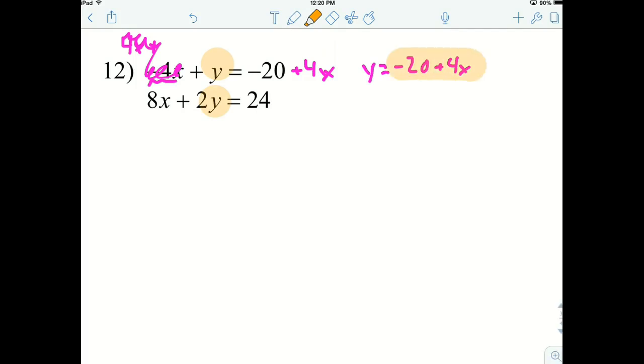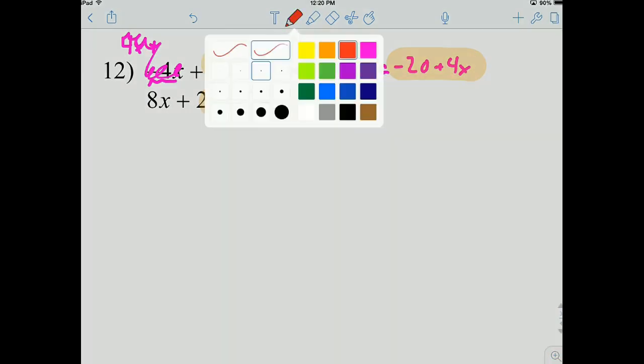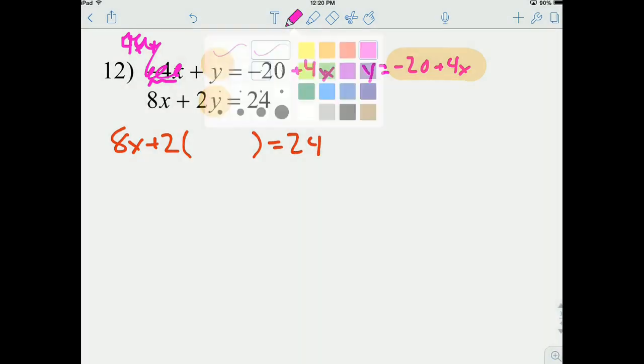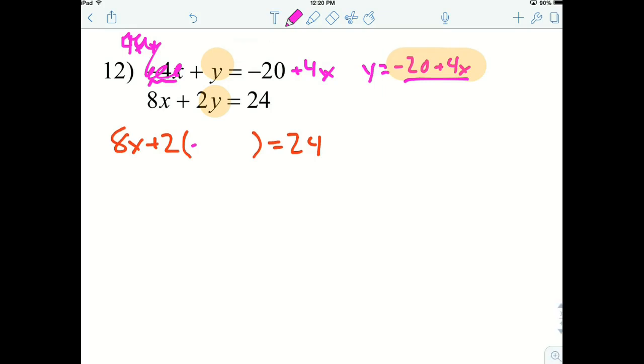So that part right there is going to go in for y on our lower equation, since they're both equal to y. So let's write this out. We have 8x plus 2 times something, whatever y is, equals 24. We know from earlier that y is equal to negative 20 plus 4x, so we write that in.